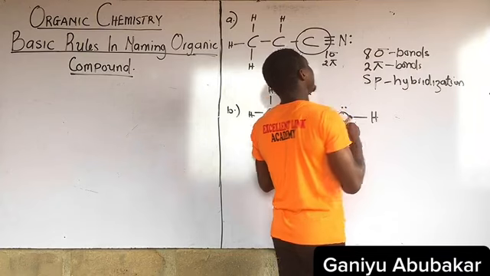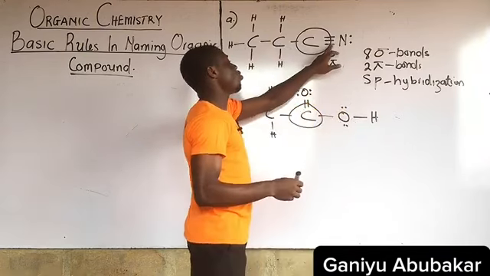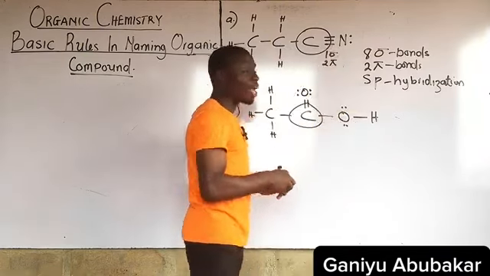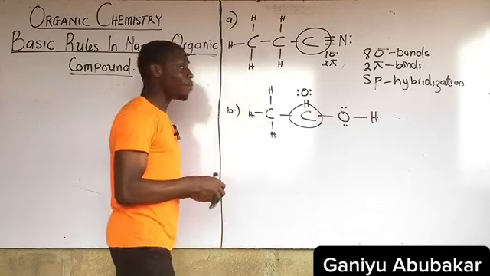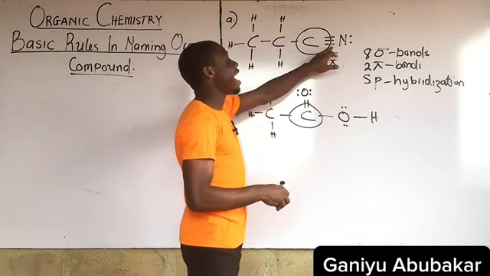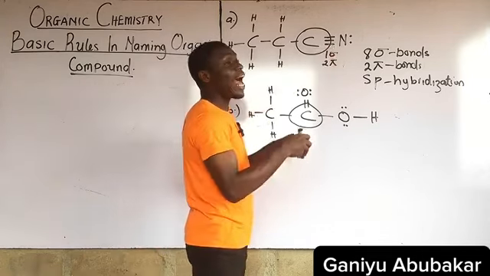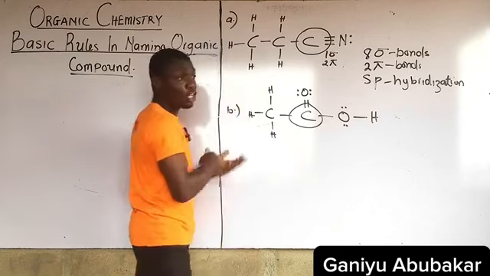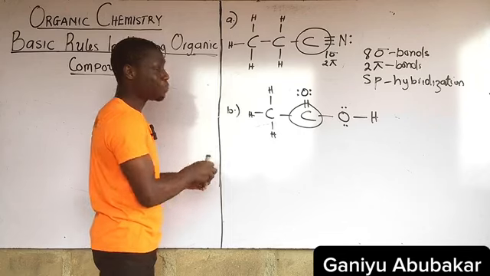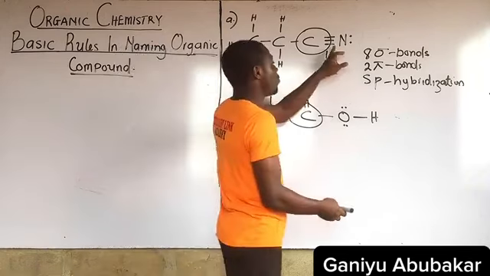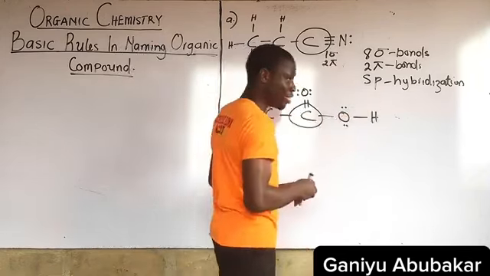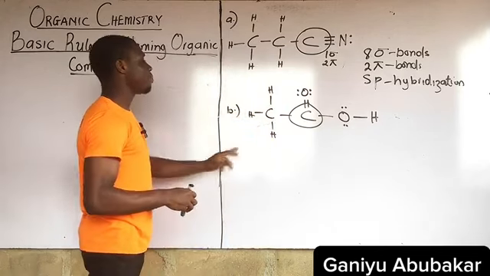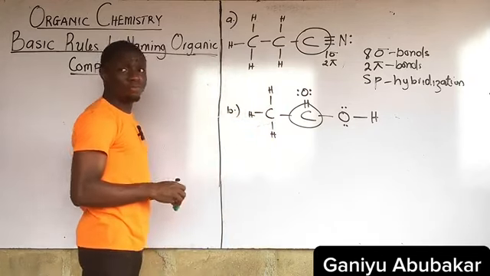This carbon here is sp hybridized. Why? Because of the alkyne triple bond. We said alkanes are sp3 hybridized, alkenes are sp2, while alkynes, which have a triple bond, are sp hybridized.